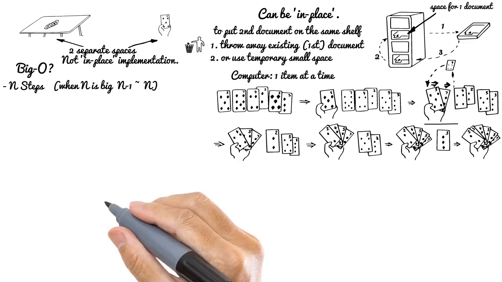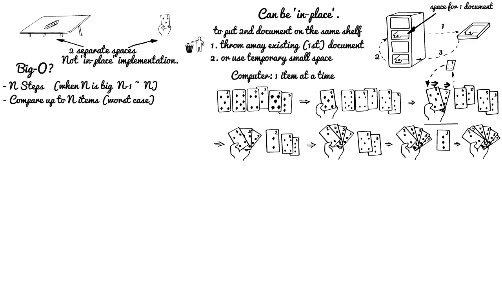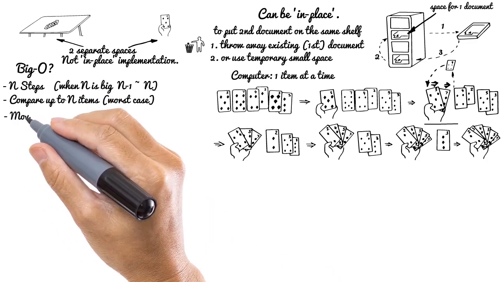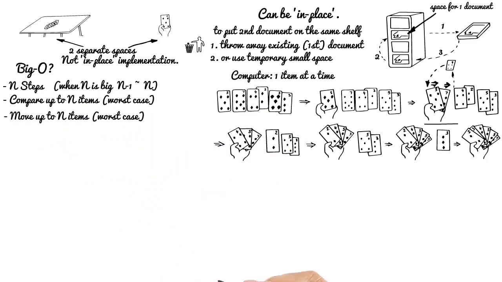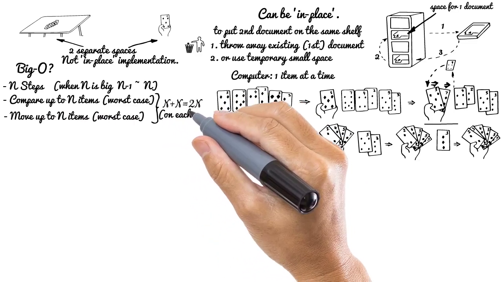On each step, you may need to compare a value with up to n items on the left, n-1 to be precise. And in the worst case, after comparing, you may need to move up to n items to the right, n-1 to be precise. Both comparing and moving operations can be up to n plus n, multiplied by n on each of the n steps.